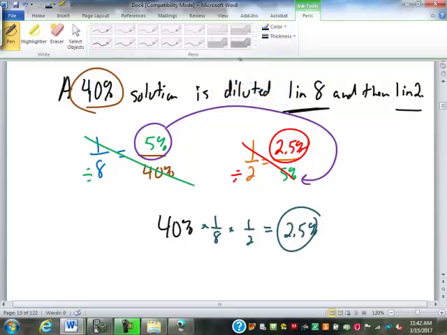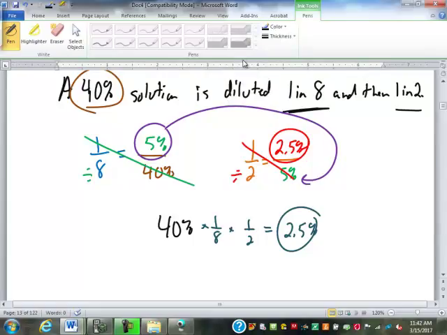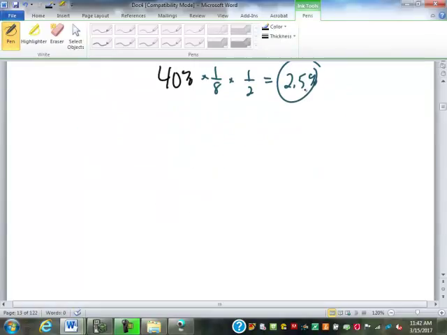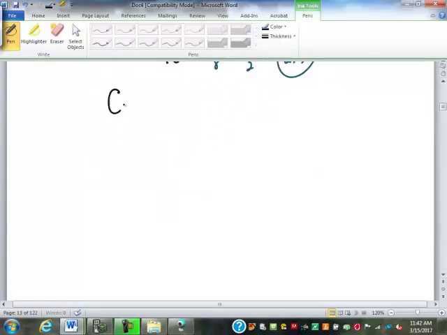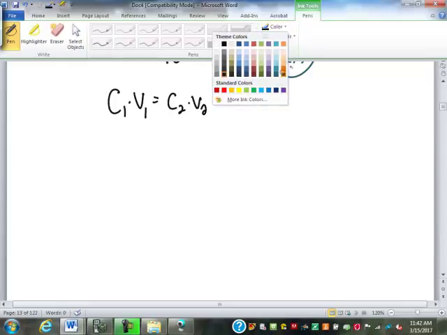The other thing we looked at was that change of concentration or concentration adjustment formula. There was the C1 V1 equals C2 V2.